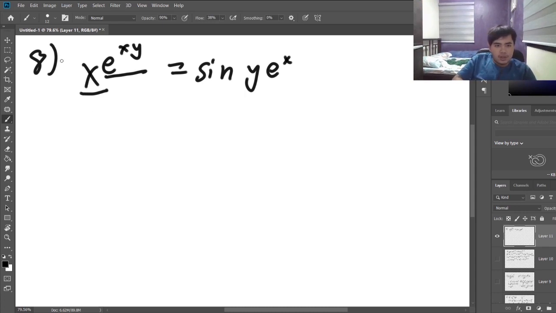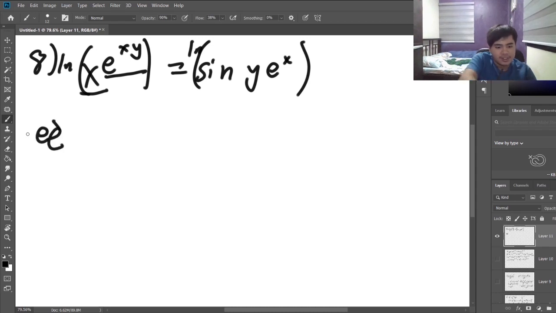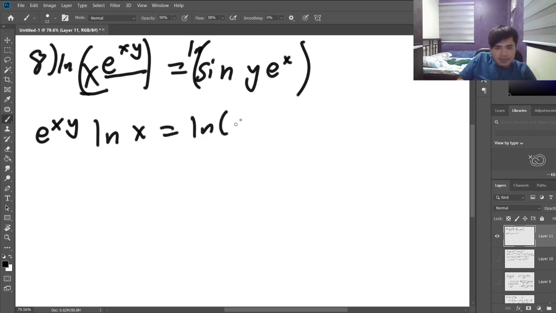So ln on both sides, we get e to the x. Wait, hold on. I think it hasn't charged it. Sorry. So e to the xy ln x is equal to ln of sine of y e to the x.